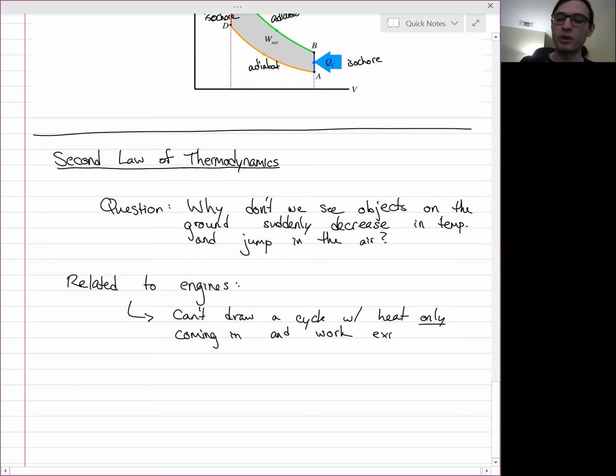There is no cycle that just takes heat and just outputs work, i.e. there's no heat that has to leave the system and no work that has to enter the system. No such cycle exists, i.e. you always need some heat leaving.